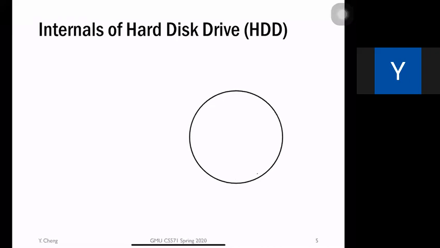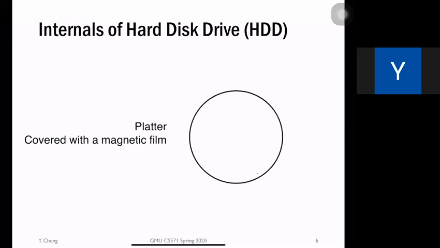Okay, so this surface is just a platter, and the surface of this platter is covered with the so-called magnetic film material, which is used for recording the state, recording the data. Okay, and you can read the data from the magnetic film, and you can write data into this magnetic film.